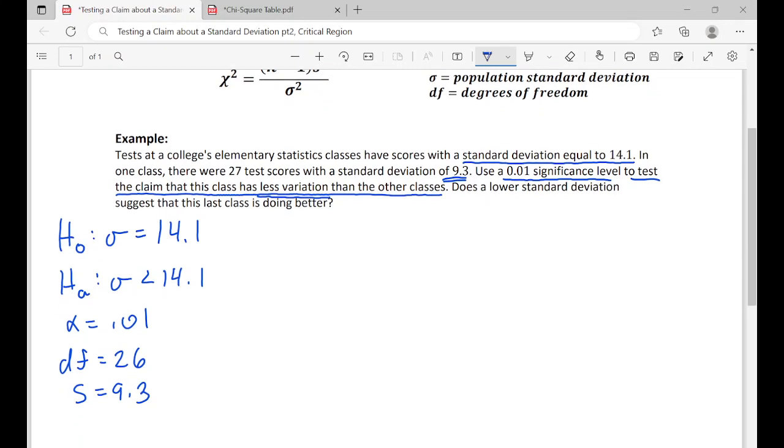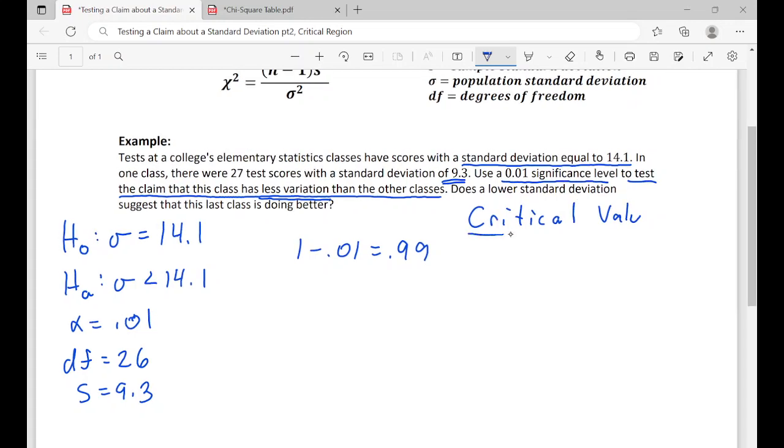So now that we have this, we're going to go in and find our critical value, but to do that, since it's a left tail test, we're going to take our alpha value of 0.01, and we're going to do 1 minus 0.01 to get 0.99. And from that, we'll find our critical value.